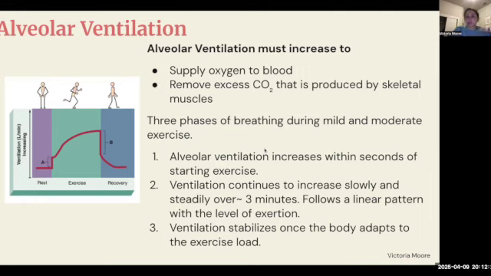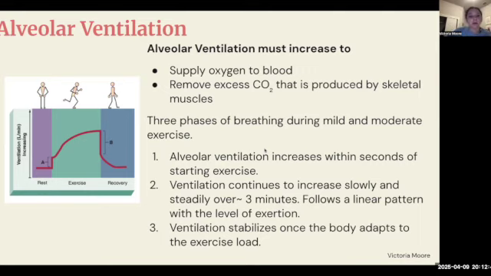So that is a 20-time increase. There are two main reasons that alveolar ventilation must increase: to supply oxygen with blood for the muscles to use, and also to get rid of the excess CO2 that is being produced by the skeletal muscles.